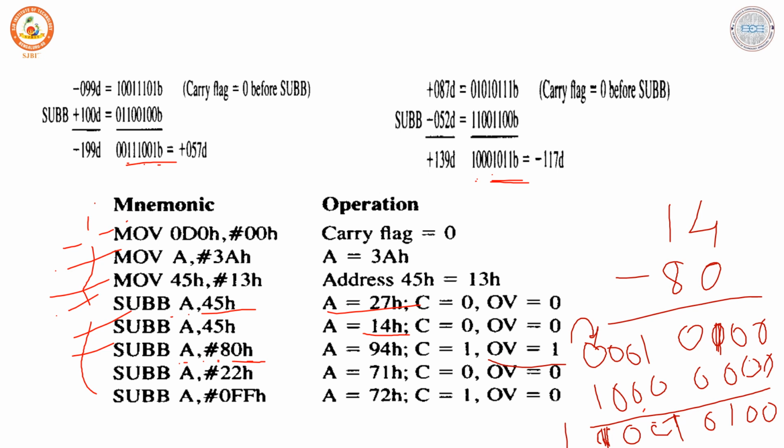We are using the carry itself for the borrow, and later we need to go for complementing the sign, because your carry flag is 1 and overflow flag is 1, both are 1. Complement this sign, so the value now becomes 94H. Only 4 is there, right?